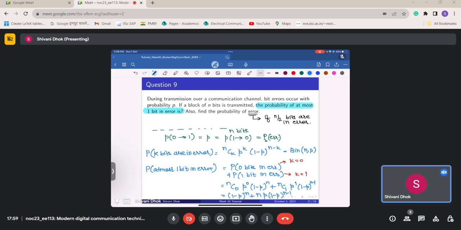Okay, and after that what we need to find is the probability of error, and the error is defined in this form: if n by 2 bits, or let's say greater than or equal to n by 2 bits, are in error.